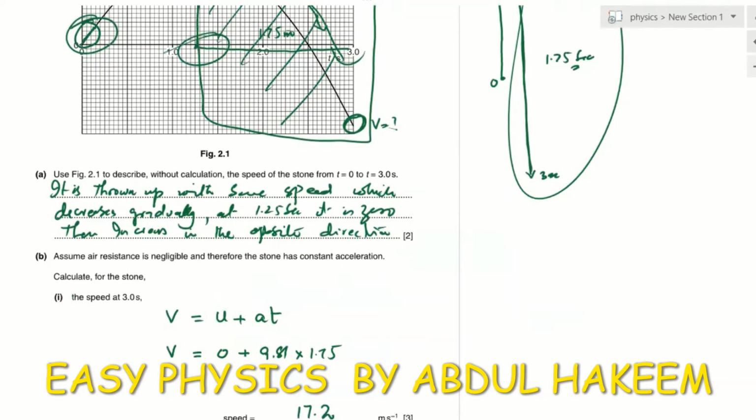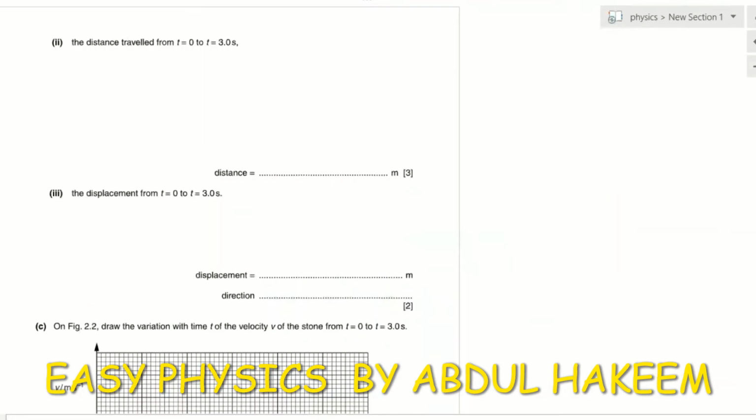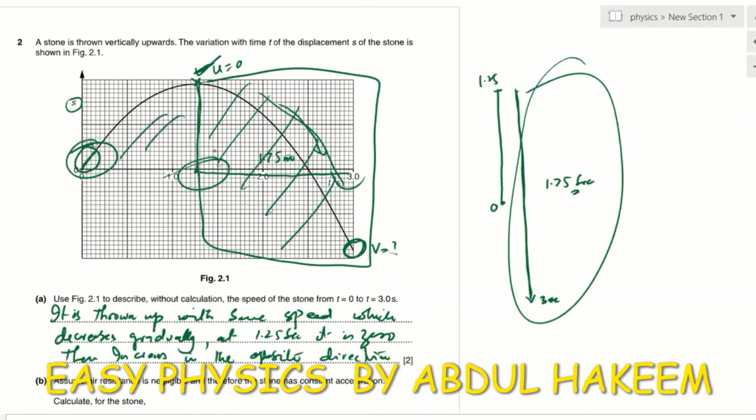Now the next part is the distance traveled from t 0 to t 3. So both portions, first up and then down. First we have to calculate the distance for this upward motion. If we consider it as downward motion, the initial speed at the top is 0, and the distance covered is required.